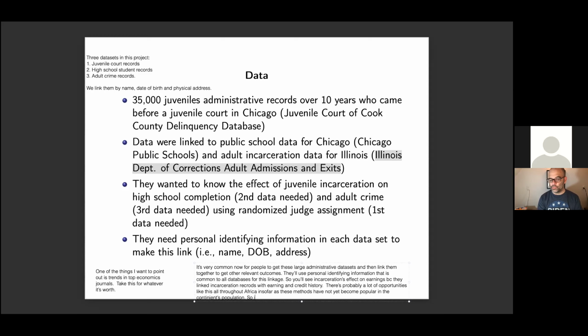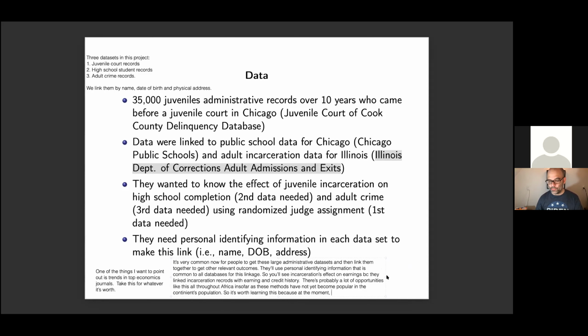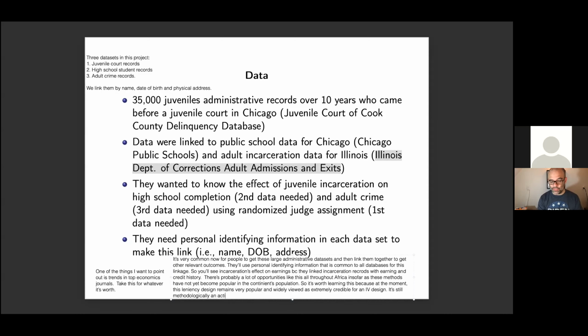So it's worth learning this, because at the moment, this leniency design remains very popular and widely viewed as extremely credible for an IV design. It's still methodologically an active area in econometric theory, but it is still widely regarded very positively.